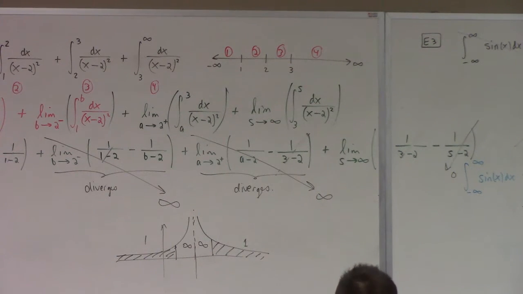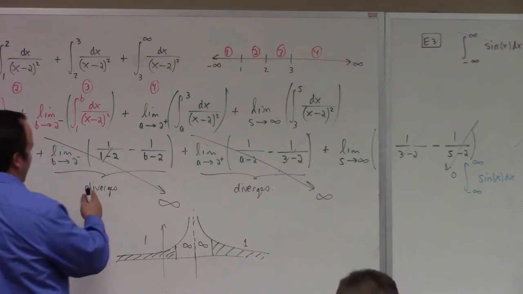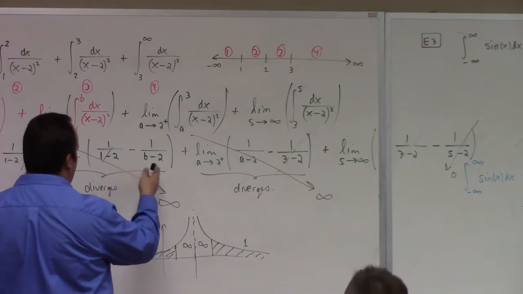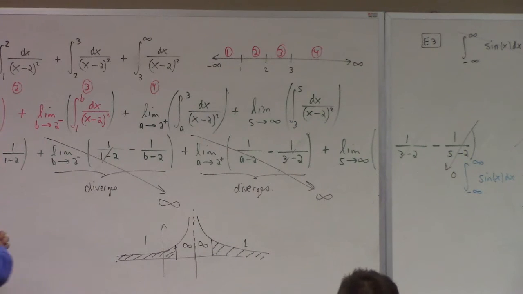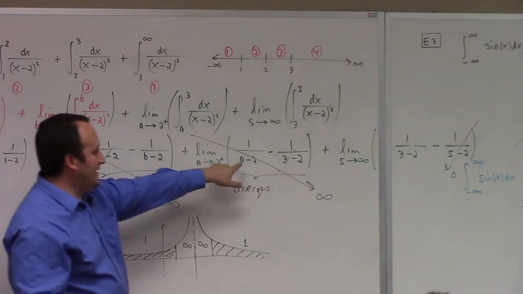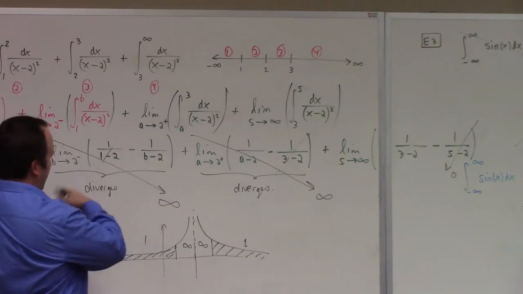You said normally when you just have a sum of limits, you can cancel out like that? Well, if the limits existed, I could cancel, but they don't exist, so I can't very well say infinity plus 1 is infinity. This is just infinity. I can't split off a finite piece from it. But if this had gone to 0 and that had gone to 0, then I could have been canceling things.